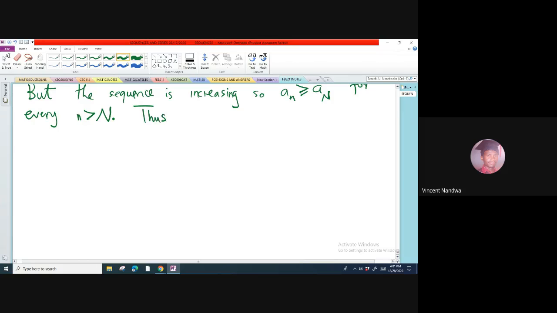Thus, if n is greater than capital N, we have an is greater than L minus epsilon.